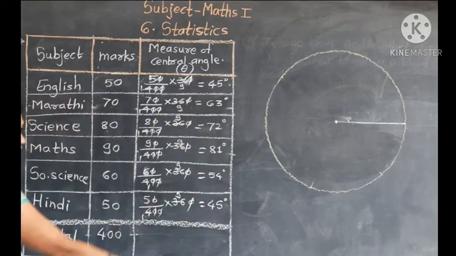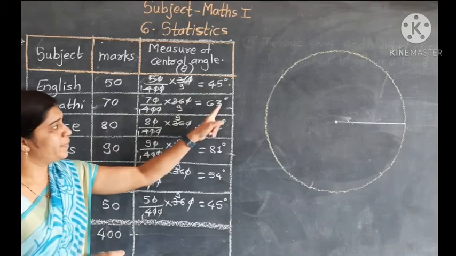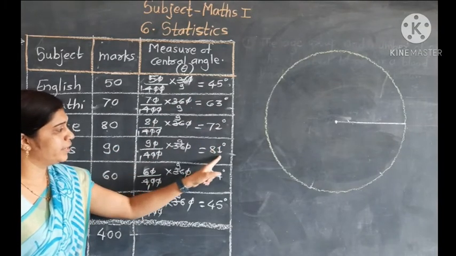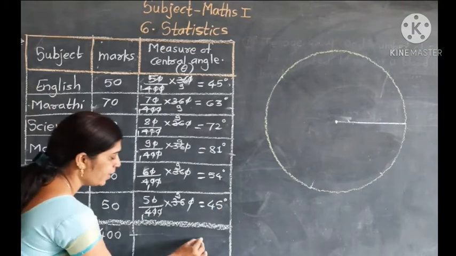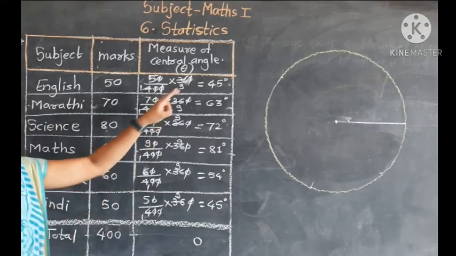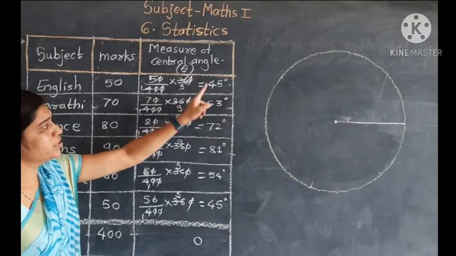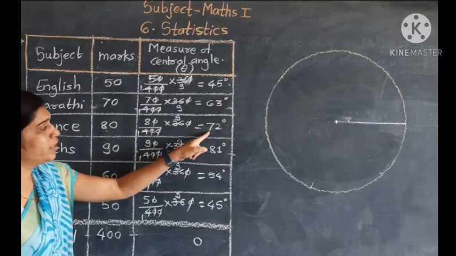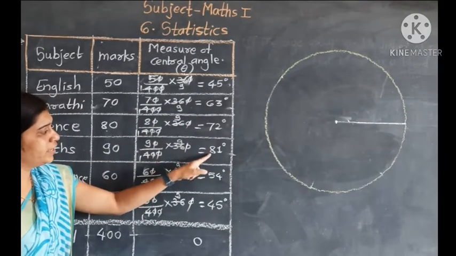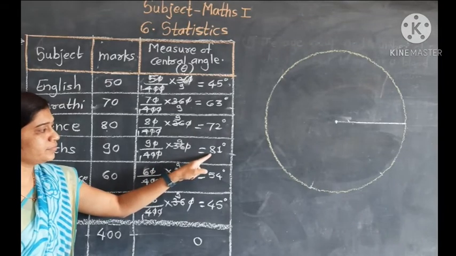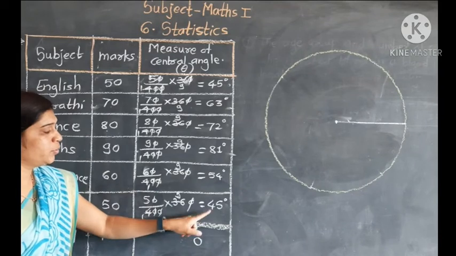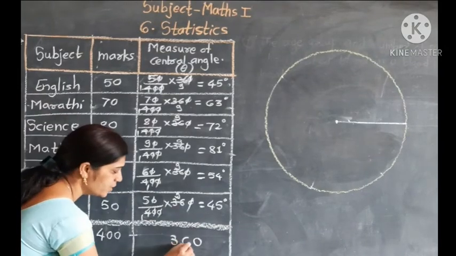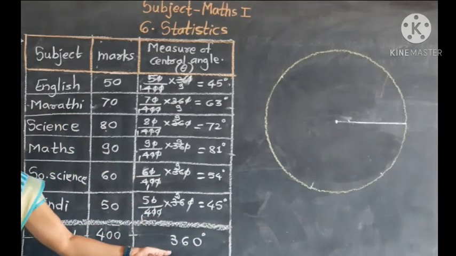And calculate this sum. 5 plus 3 is 8, 8 plus 2 is 10, 11, 11 plus 4 is 15, 15 plus 5 is 20, carry 2, 2 plus 4 is 6, 6 plus 6 is 12, 12 plus 7 is 19, 19 plus 8 is 27, 27 plus 5 is 32, 32 plus 4 is 36. Means total is here 360.